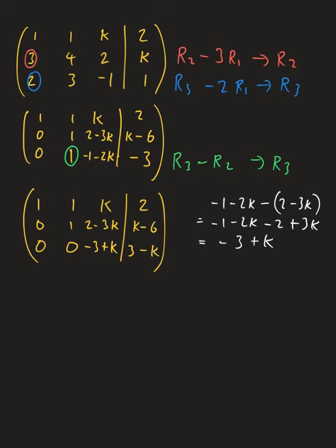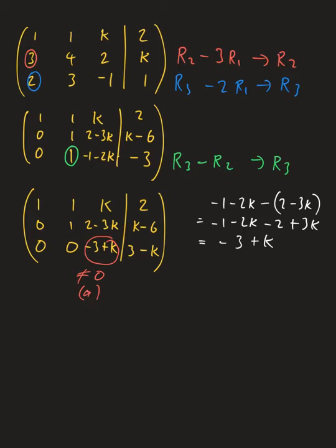The next thing is to say for what values of k do we get a unique solution or more than one solution. So for a unique solution, I need this here to be not equal to 0. That's for part A. So if that's not equal to 0, then I get a unique solution.